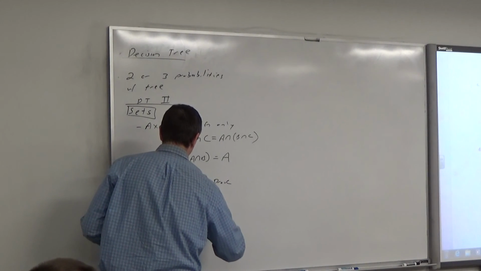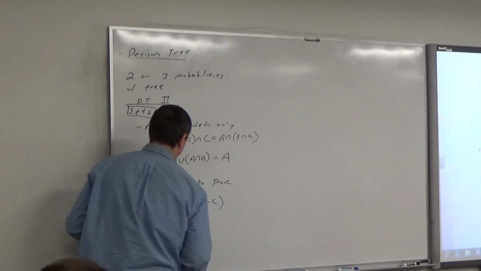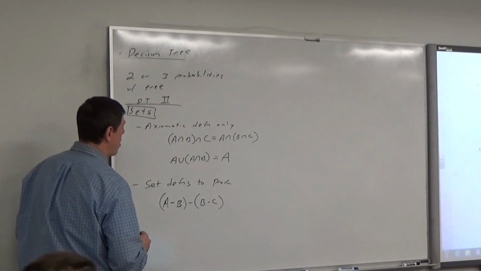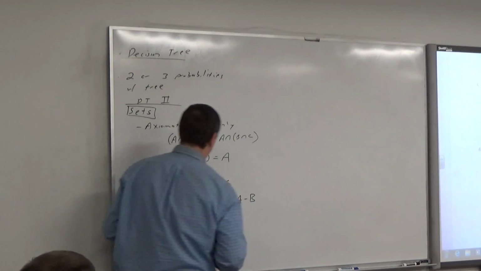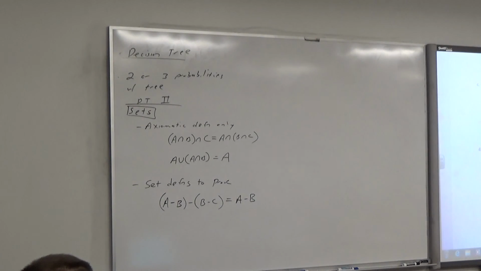But we had something like A minus B minus C equals A minus B. Basically, I'll pick one out that's on the sheet for you to use the axiomatic definitions to prove, and then I'll ask you to use the set definitions to prove those.